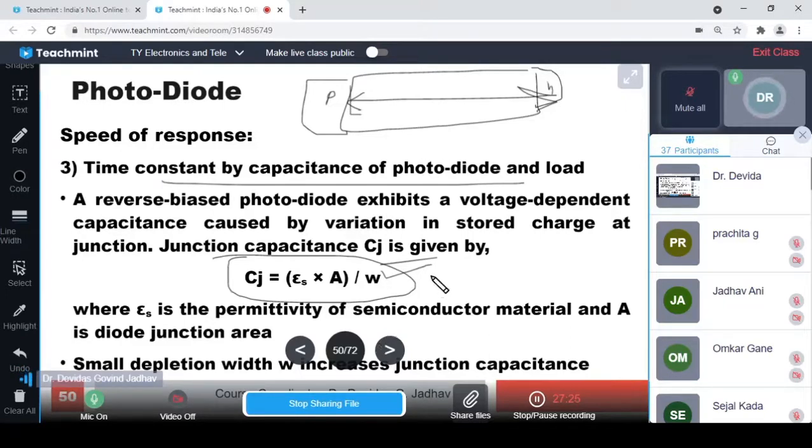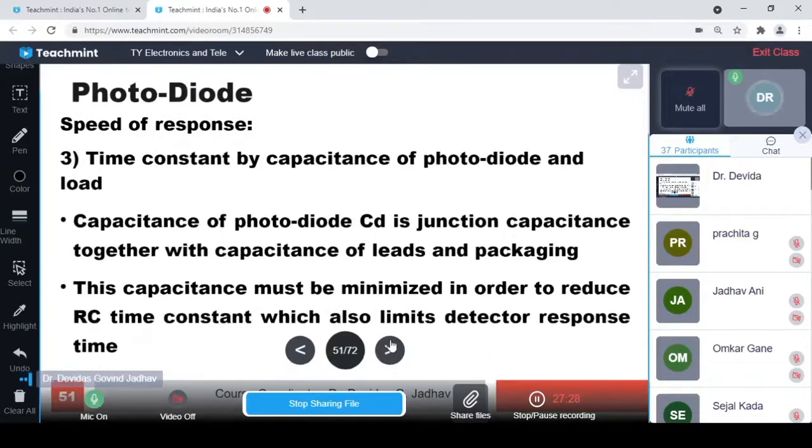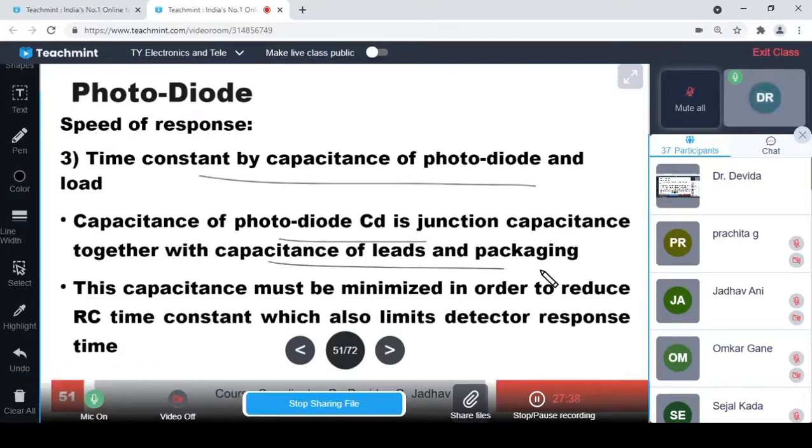For the time constant of the photodiode capacitor, there are other capacitances along with the photo junction capacitance, such as lead capacitance and package capacitance, but they are less. So the capacitance is minimized to reduce the RC time, which also improves the detector response time.